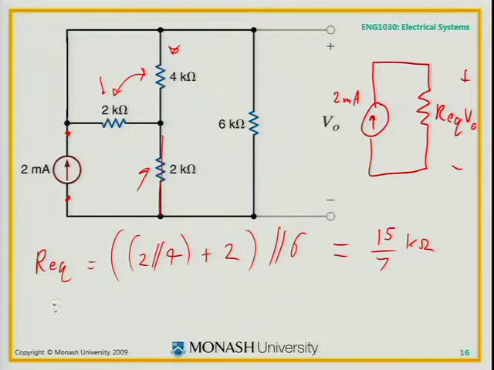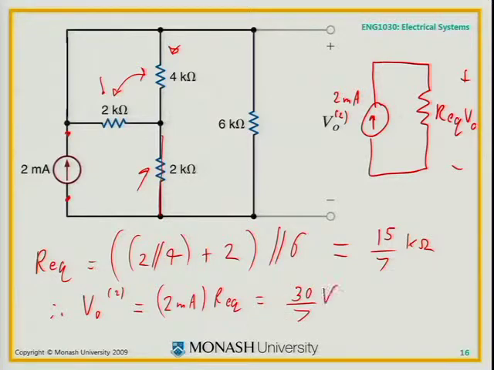So therefore, V0, and I'm going to call this V02, because it's not the final answer yet, V02 equals 2 milliamps times R equivalent, which equals 30 on 7 volts. So just that current source acting alone, using the equivalent resistance concept, I don't really need to get into nodal and loop analysis. When just that current source is there, I can write V02 in that way.